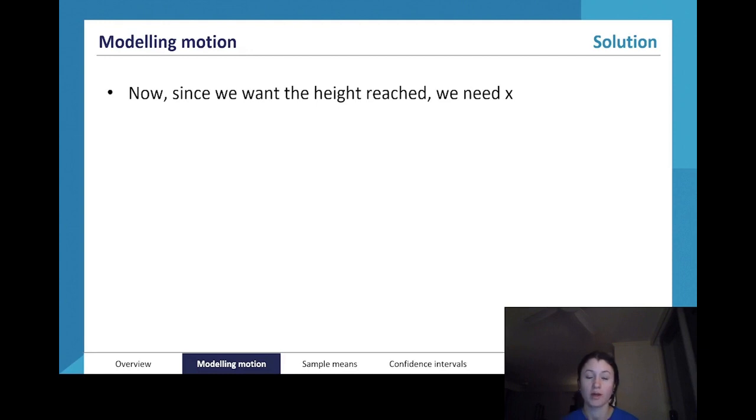So since we have a as a function of v, we want to use one of our acceleration equations with a and v in it, and x, so that we can solve and find x.